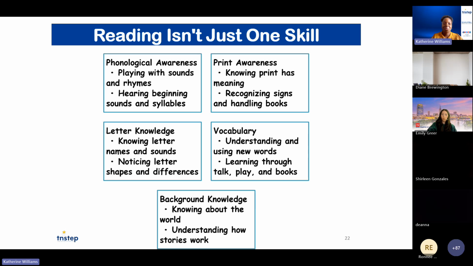And he kind of puts two and two together because he has that background knowledge that he knows what a cat is, he knows how it looks. And so even if he just guesses, oh, is this the word cat? That's okay because that background knowledge is teaching him what comes next, what he can understand, and how he can understand how stories work.